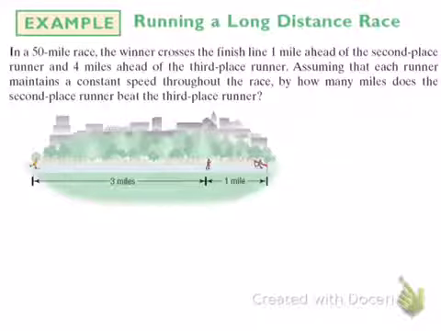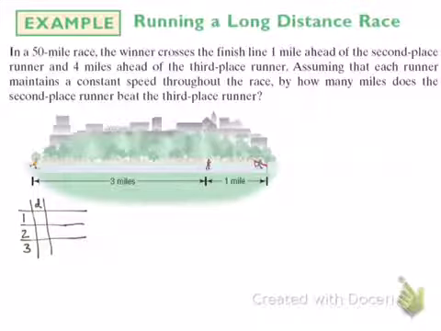And so first I'm going to make a table just to show what I know. So I have the first place person, the second place person, and the third place person. Seeing that I'm talking about distances and rates, I'm going to use distance, rate, time.